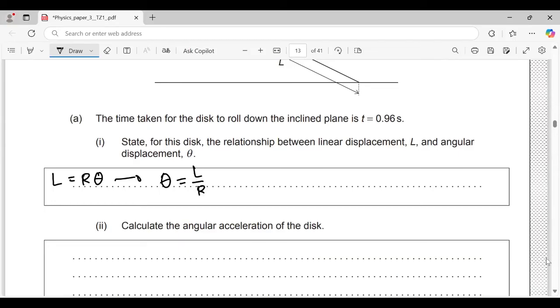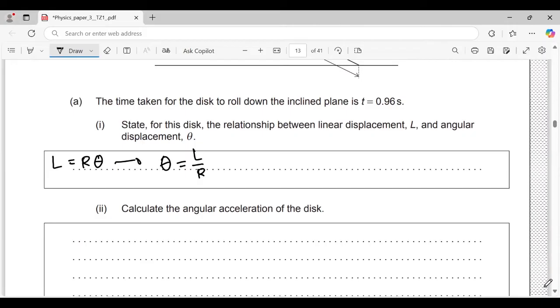Calculate the angular acceleration of the disk. We can calculate through this formula: alpha equal to theta over t squared.